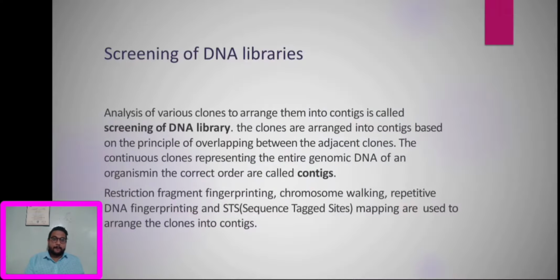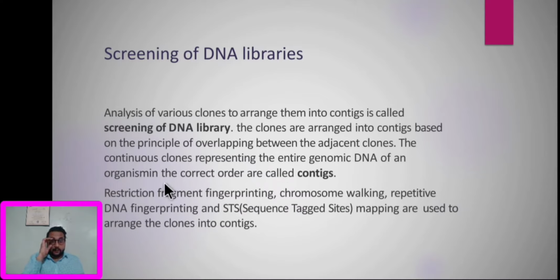Fine. Now, screening of DNA libraries. How are the DNA libraries screened? Analysis of various clones is done to arrange them into contigs, which is called screening of a DNA library. The clones are arranged into contigs based on the principle of overlapping between adjacent clones. The contiguous clones represent the entire genomic DNA of an organism.